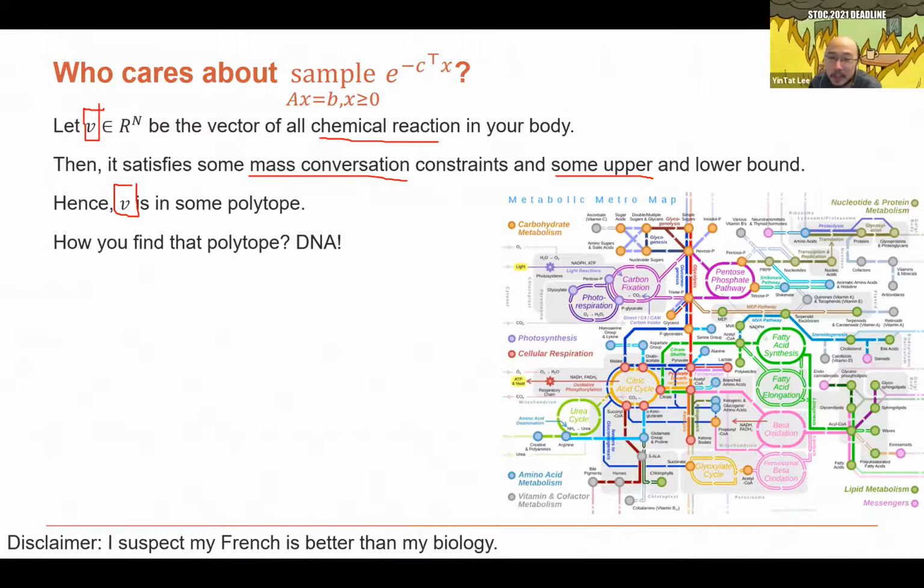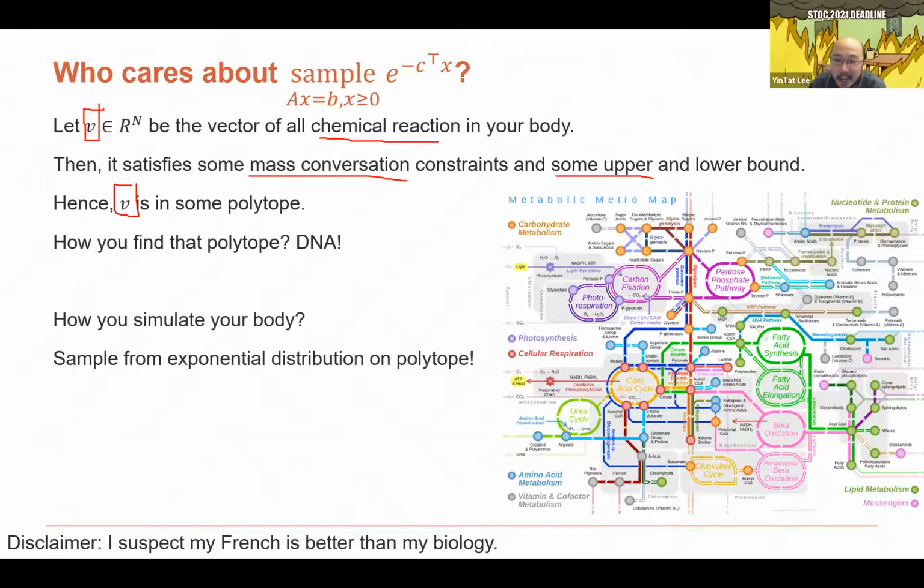So essentially, you can think we live in some polytope, and turns out you can find out the description of this polytope by reading the DNA. So one way some systems biology simulates your body is to sample from an exponential distribution over a polytope. Yeah, this picture is from Wikipedia, showcasing how each chemical in your body reacts.